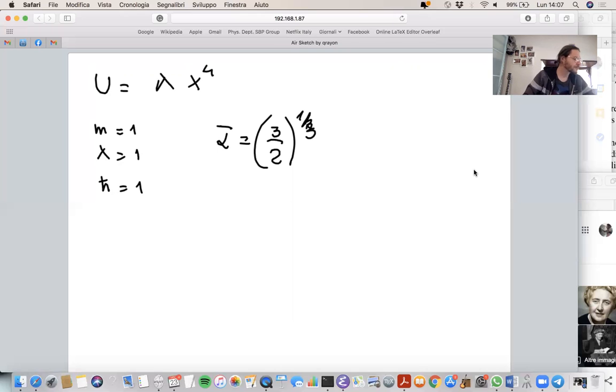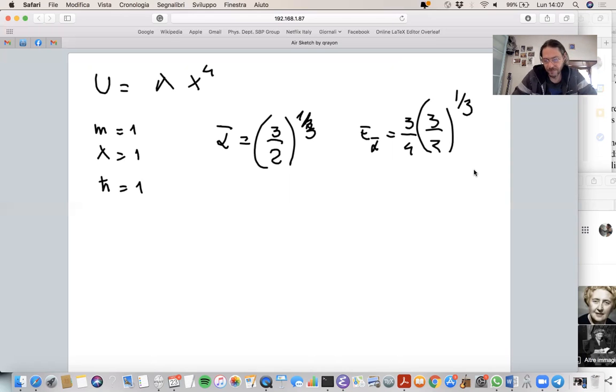And if I look at the corresponding energy, calling alpha equal to this value, and if I compute the corresponding energy, the energy becomes 3/4 times 3/2 to the 1/3.